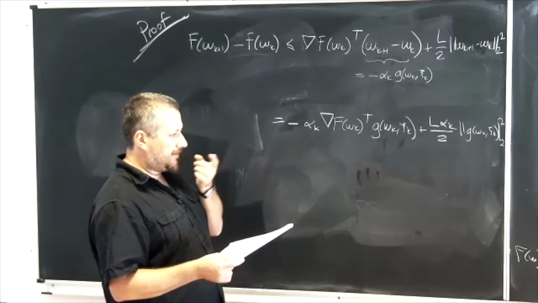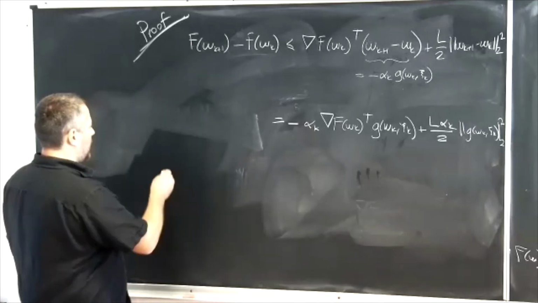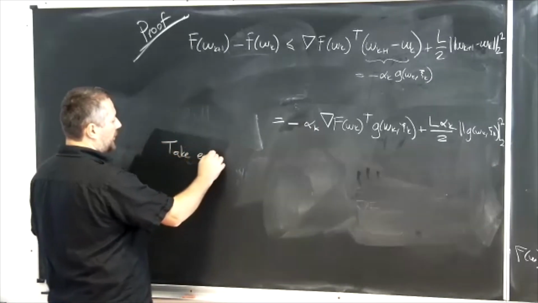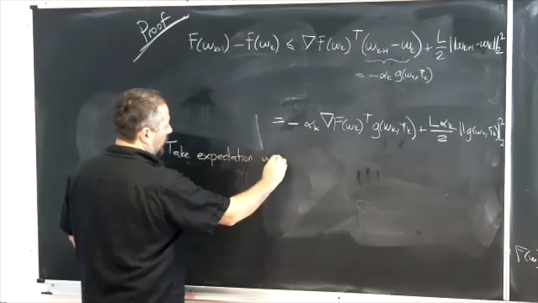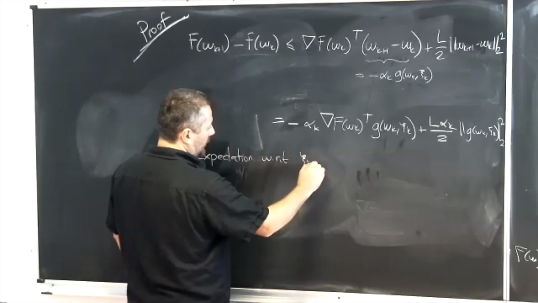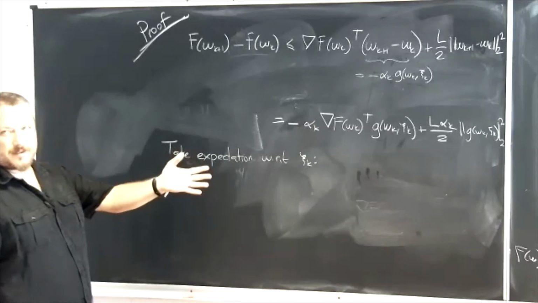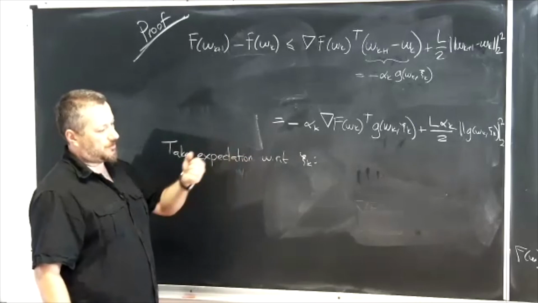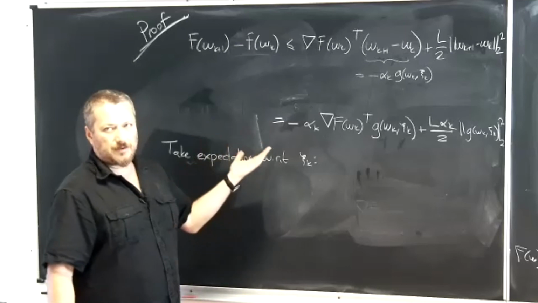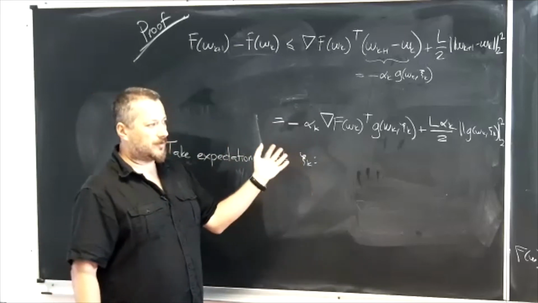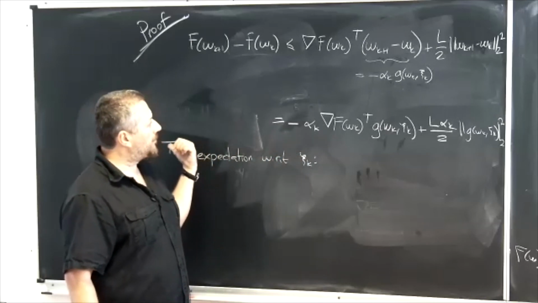Okay, it looks kind of like that. So now we are going to take expectations on both sides with respect to ξ_k. And remember, ξ_k is the random variable that we use to choose a random point at step k. But at the previous point, we didn't use ξ_k, so it's just an independent random variable, independent from the previous step.